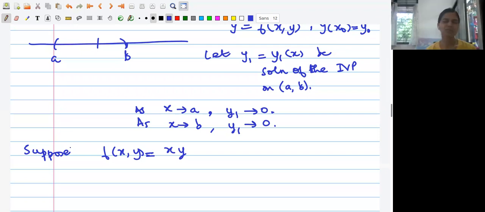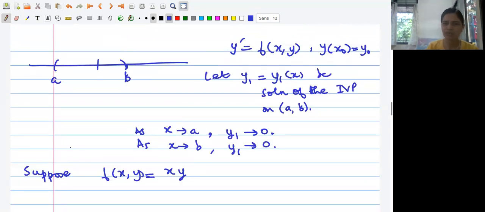I don't understand, what is it you're trying to say? What is y1 prime? How does y1 prime come into the picture here? Y1 prime just satisfies this. Okay, good. Y1 prime would be f of x, y1 x, right? That's all we need on the interval AB, correct?